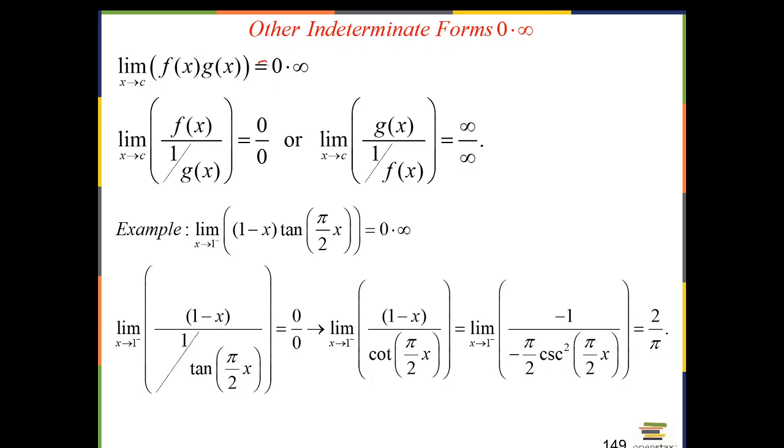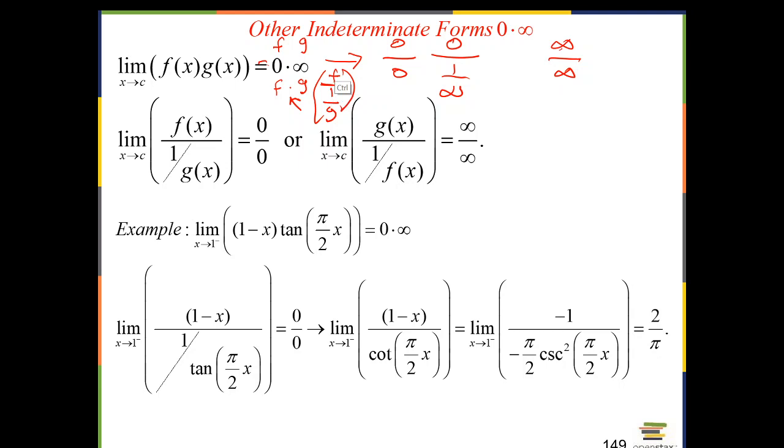If f goes to 0 and g goes to infinity, how do we convert it to 0 over 0 or infinity over infinity? Well, it's easy. Keep the 0 in the numerator, and then for infinity, make it 1 over infinity, right? So if we have f times g, just keep the f and make the denominator 1 over g. Now this is a complex fraction which is equivalent to that, right?